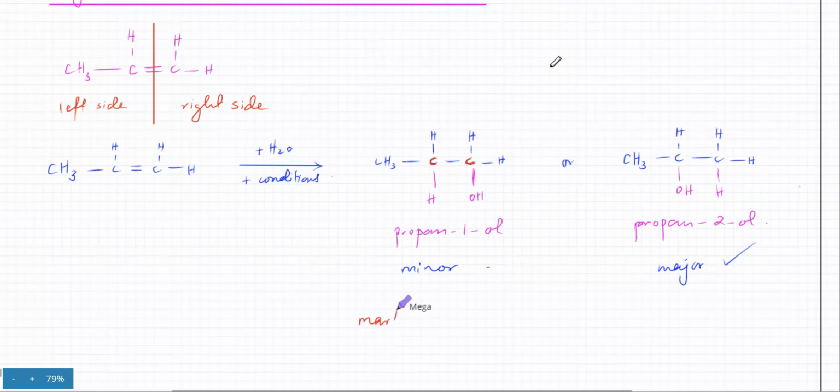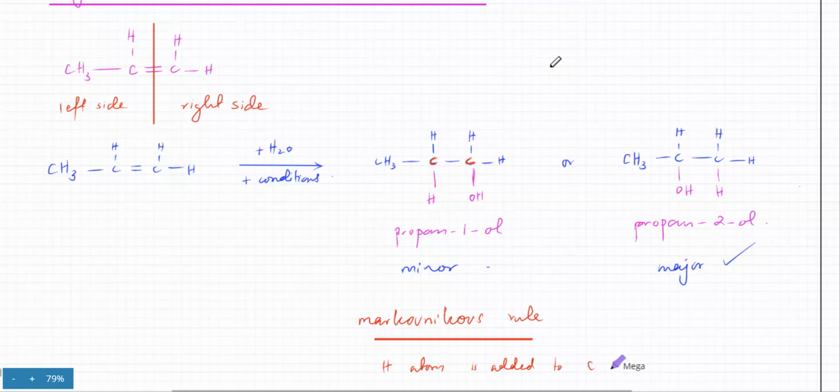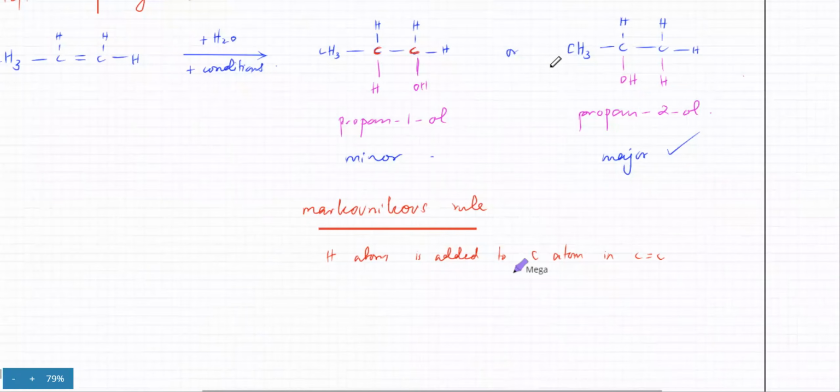and the rule simply states that the H atom is added to the carbon atom in the C=C double bond which is already bonded to more H atoms.